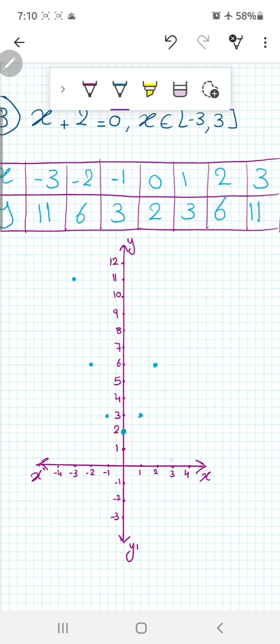Finally, 3 and 11. Also, join the points to get the curve.